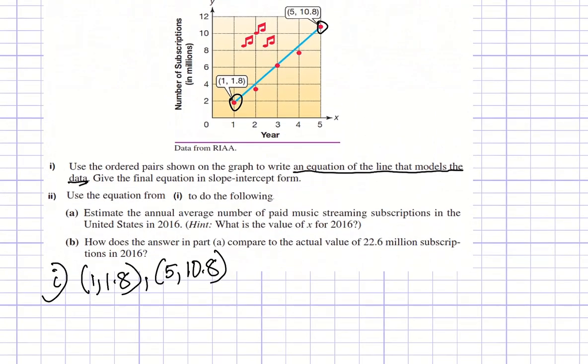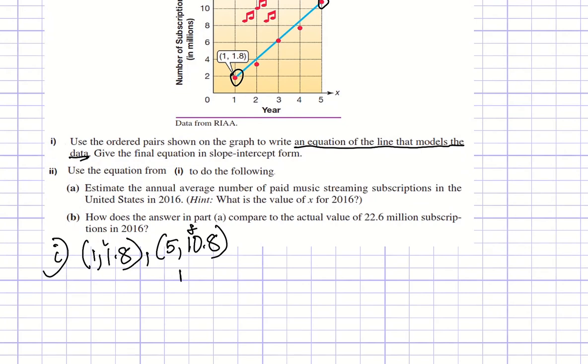You just find the slope. Let's call this point initial and this point final. Slope m equals rise over run, which is 10.8 minus 1.8 over 5 minus 1.